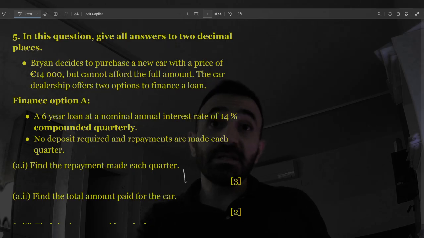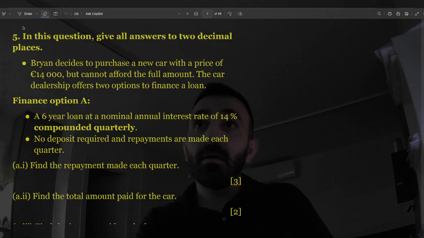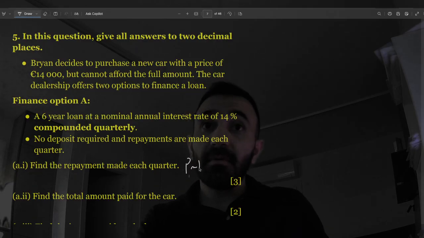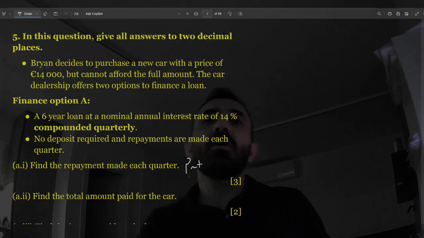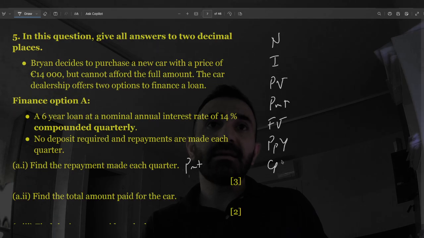So the question is asking you what is PMT? Okay. And then we're going to do the other parts of this question. So let's make the table: N, I, present value, PMT, future value, PPY, and CPY.